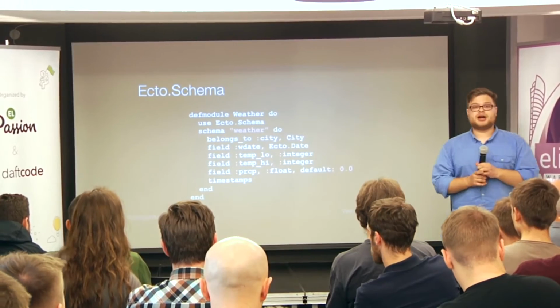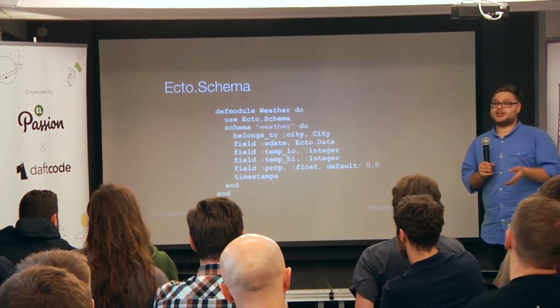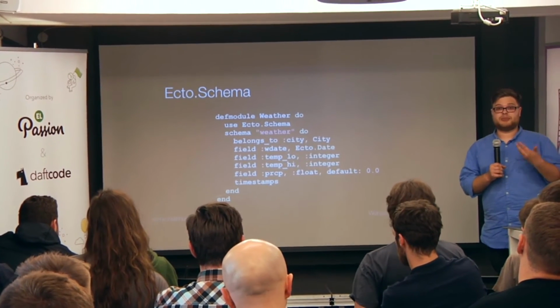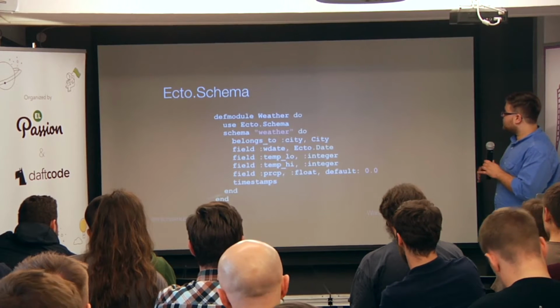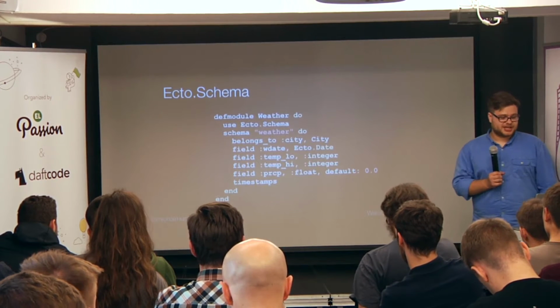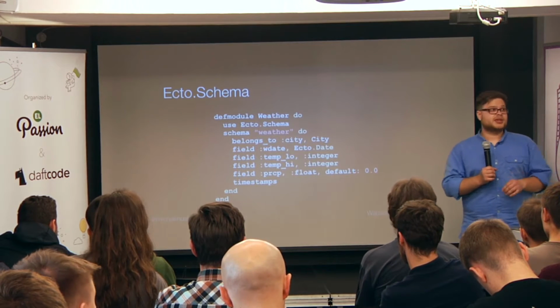So Ecto schema is the basic module. It's used to define the data structures in your application. There is some macro magic, but underneath it generates a simple Elixir struct.